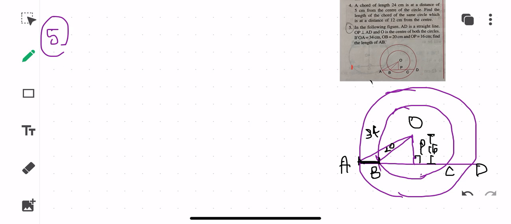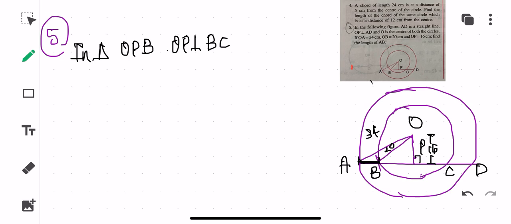Write down, in triangle OPB, OP is perpendicular to PB. Because they are all straight lines, if it is perpendicular to AD, it is understood that it is perpendicular to BC as well. So in triangle OPB, this is happening.